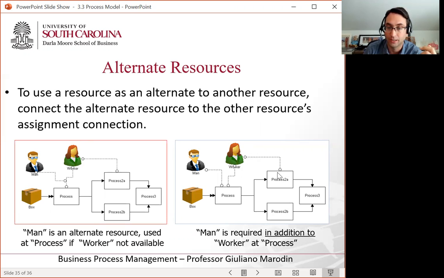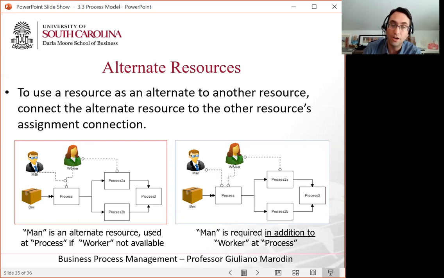And here's just a normal relationship. You're saying, okay, I just need a get-and-free situation: I get, do the process step, and let go. This case is an alternate resource process. Here I'm saying there is a man here and a worker. The worker is the primary resource there. If he's available, he's going to get and use the process and free.